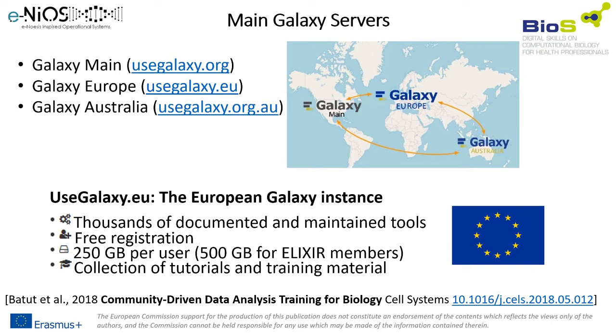You can freely register for an account, and it gives you access to a collection of tutorials developed and maintained by the worldwide Galaxy community. At the bottom of the slide, you can find also a leading publication for data analysis training for biology.